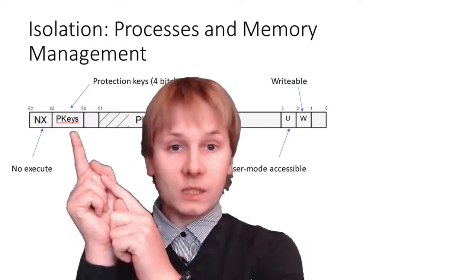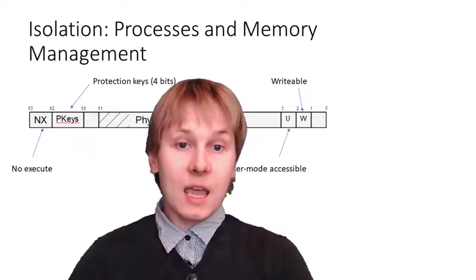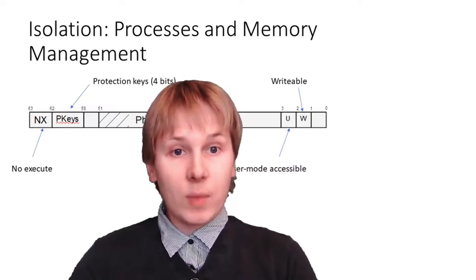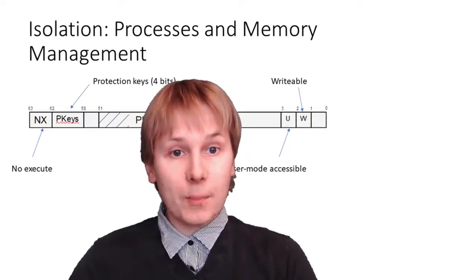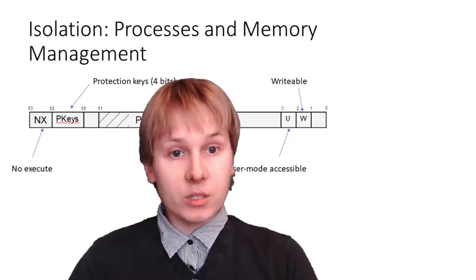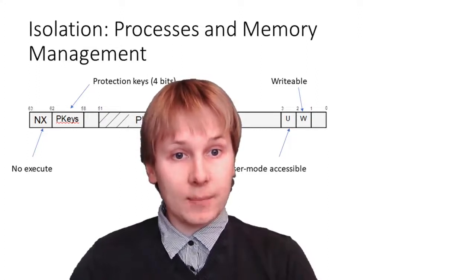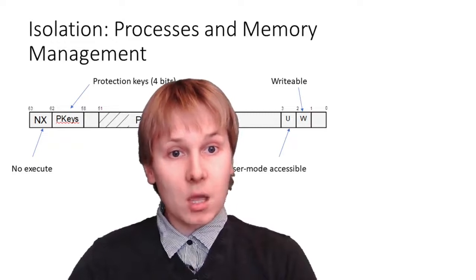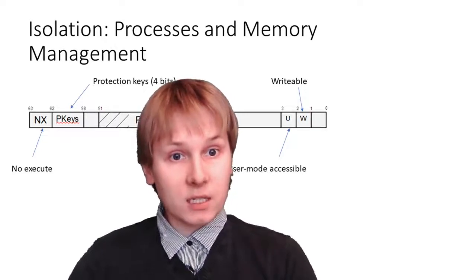Now, this one here, the protection keys, is a relatively new feature. What this is designed to do is to set up 16 different regions in every address space that have different permissions set on them. So you store those permissions inside a register, and whenever you want to change the permission of any of those 16 regions, you change just that register.